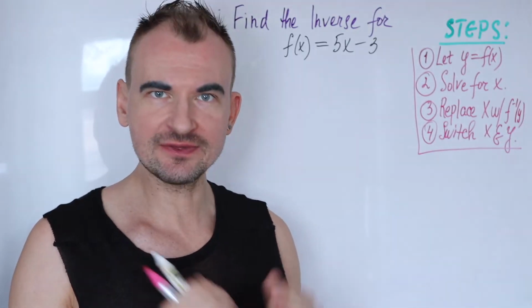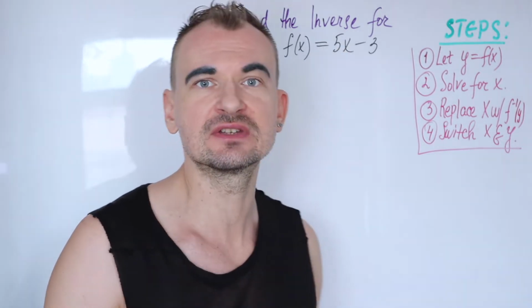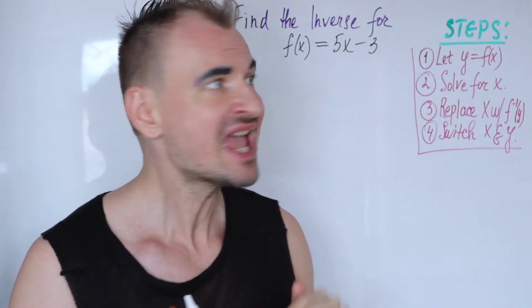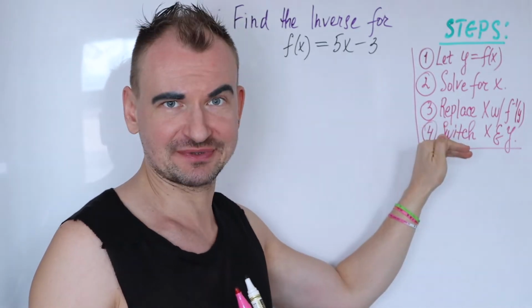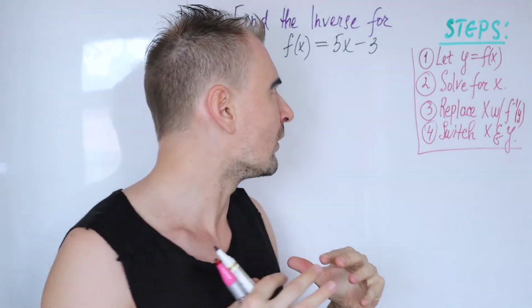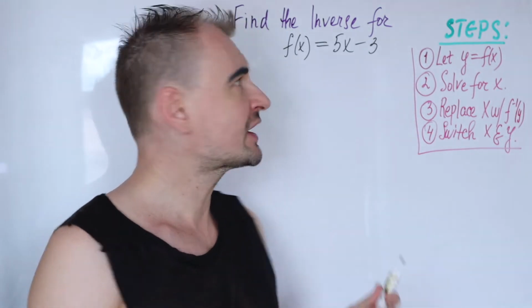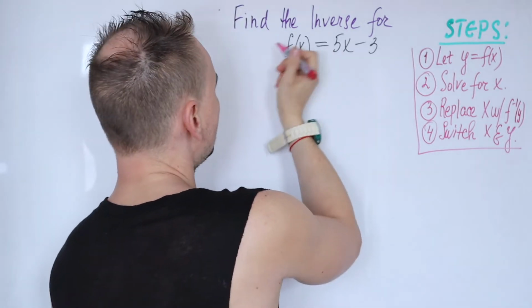Alright, let's find the inverse for that function f of x equals 5x minus 3. There are 4 steps to follow. The first step, you need to make your equation as y.